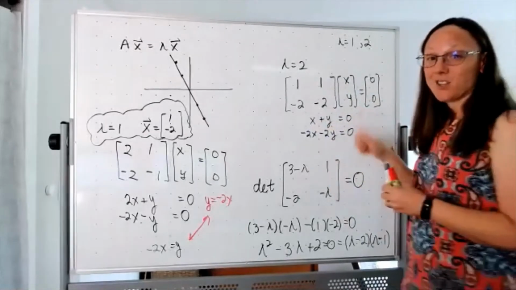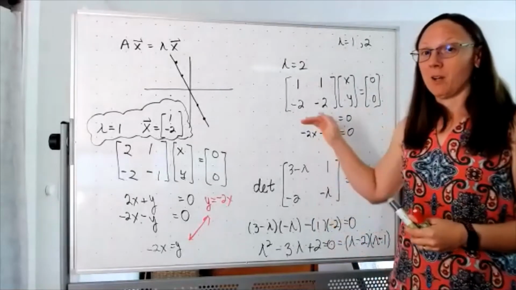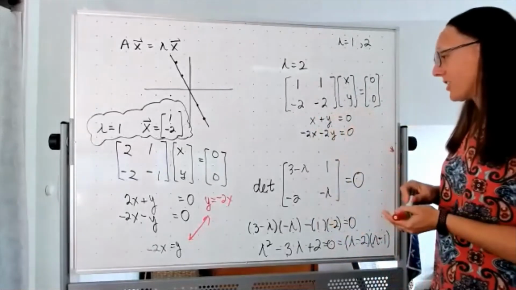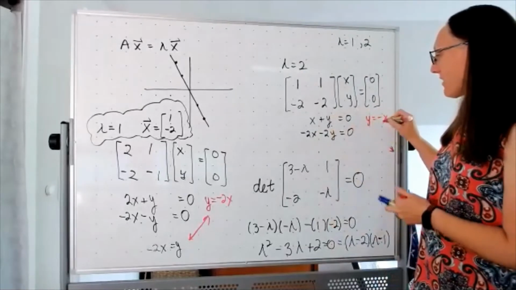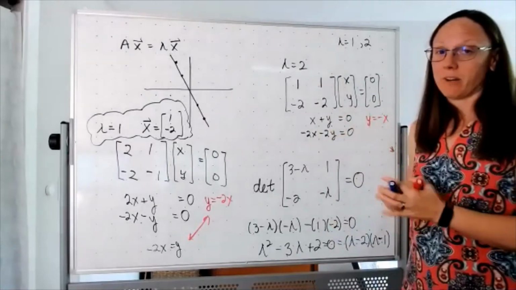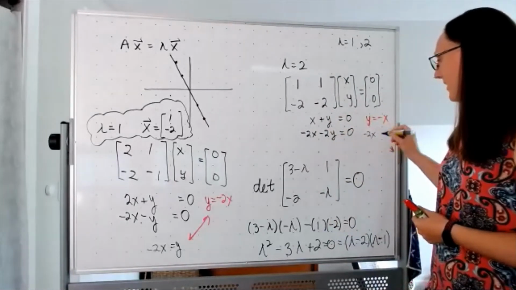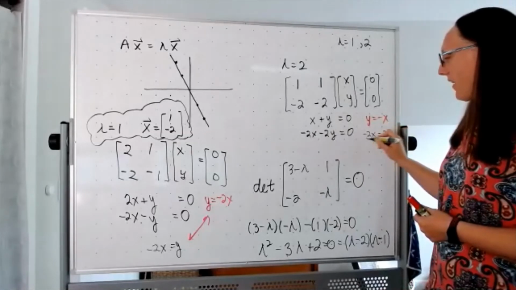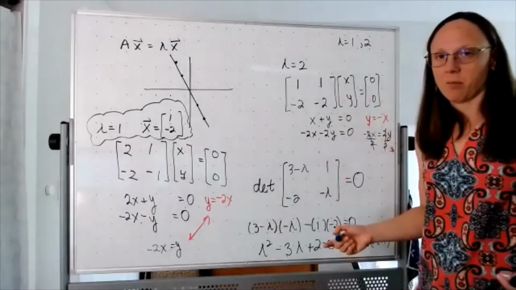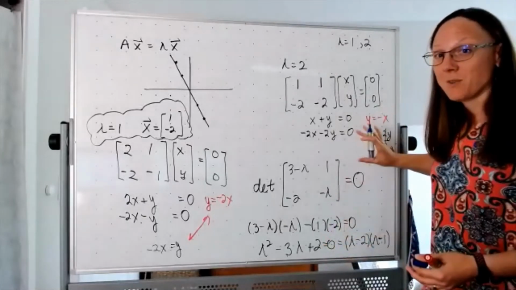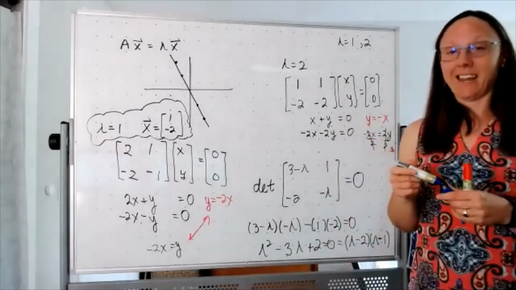Again, these two should secretly give us the same information. That top equation, if I rearranged it, would say y equals negative x. And the bottom equation, if I rearranged it, would look like negative 2x is equal to 2y. Then I can divide both sides by 2 and have the same equation, which tells me any point that falls on that line is an eigenvector.